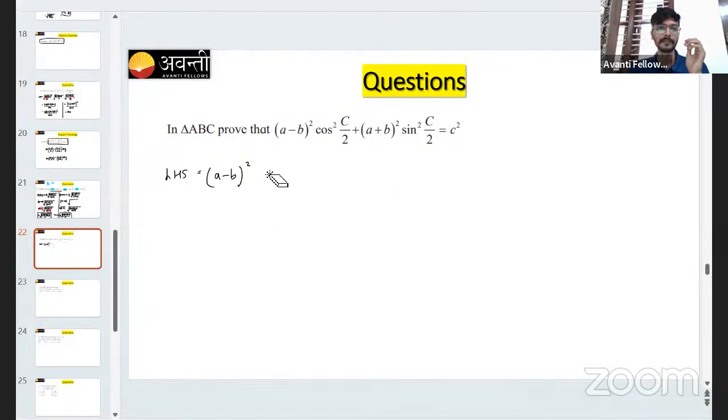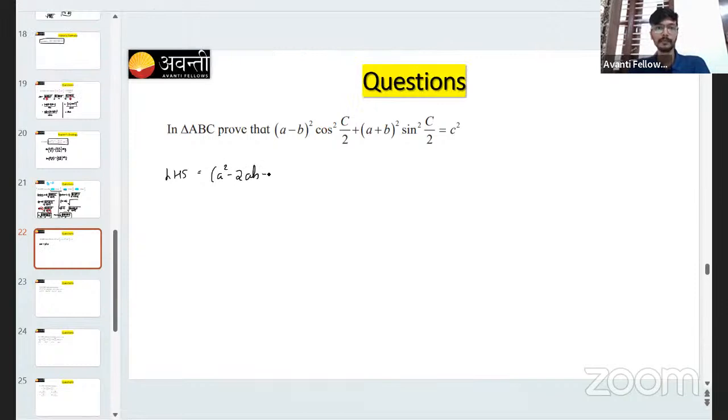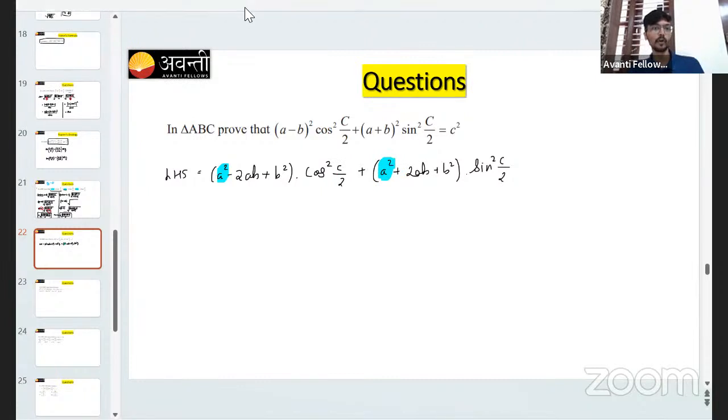What we will do first is let's open the bracket, because I felt that by opening the brackets a lot will cancel. So here I can write a square minus 2ab plus b square into cos square c by 2, plus here I can get a square plus 2ab plus b square into sin square c by 2. Now here if you see, I will take a square common.